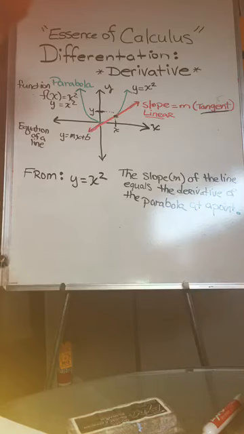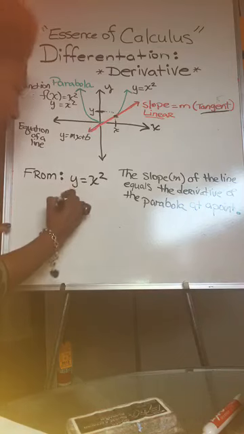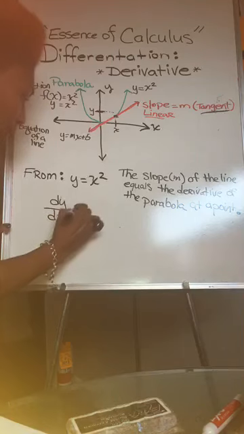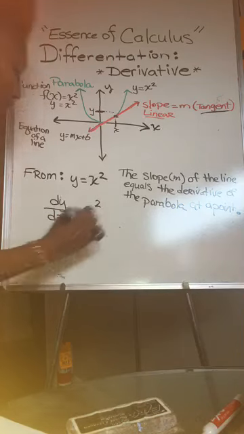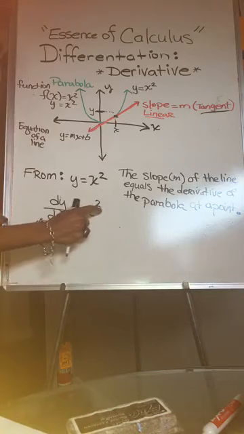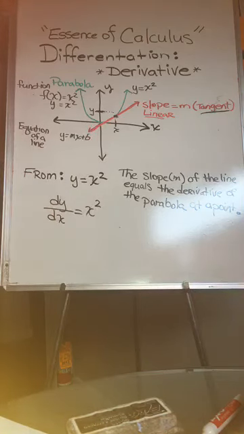So here we go. The first thing we're going to write is dy divided by dx equals x squared. So the definition says, in order to do this, we are going to reduce this exponent, this power, by only 1. How do we do that?